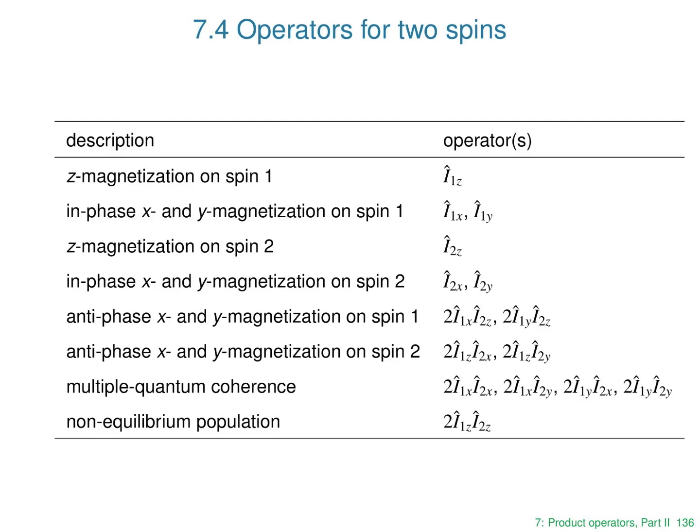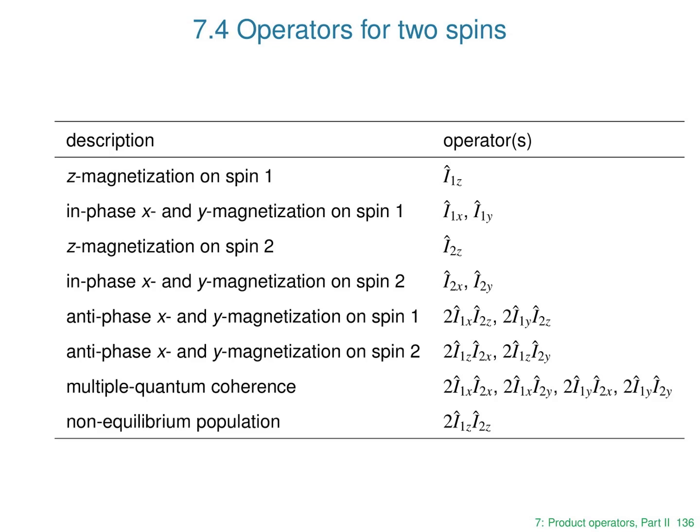So don't worry about all the complexity in here. We'll go through this in quite a lot more detail, but this just summarizes what all of these operators stand for. So for example, I1z stands for Z magnetization on spin 1. That's hardly a surprise. And I2z stands for Z magnetization on spin 2. So that's again not a surprise.